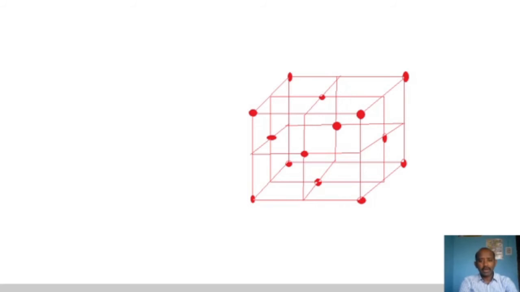So there are the chlorine atoms. Next we have to place the sodium atom at the edges. First we will place the central atom. So this is the center. Now we are placing the center atom with a green color.